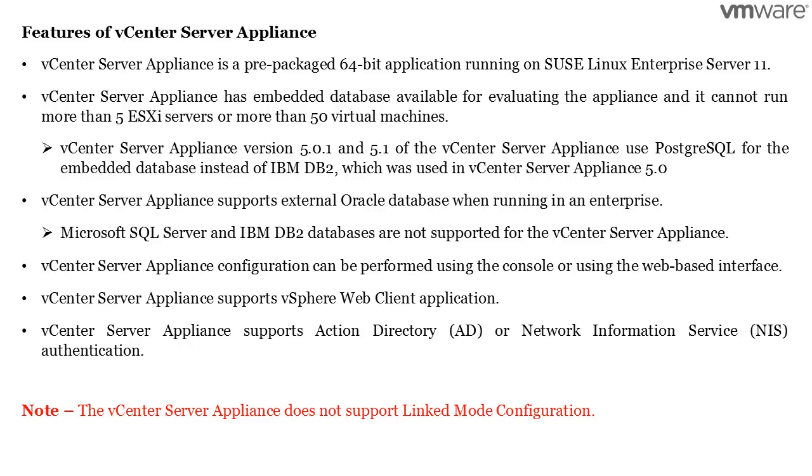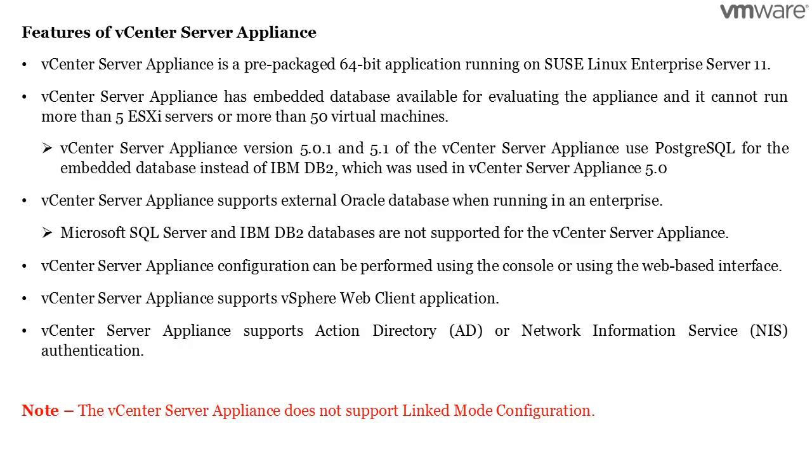So if you want to run more than 5 ESXi servers or more than 50 virtual machines, you need to have an external database such as Oracle database for vCenter Server Appliance when you're running in an enterprise. vCenter Server Appliance only supports Oracle database as its external database. So you cannot run Microsoft SQL Server and IBM DB2 because they are not supported by vCenter Server Appliance.